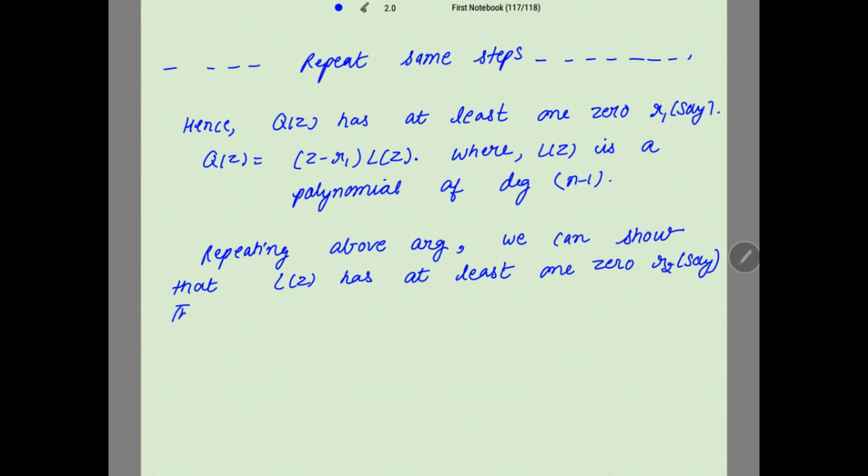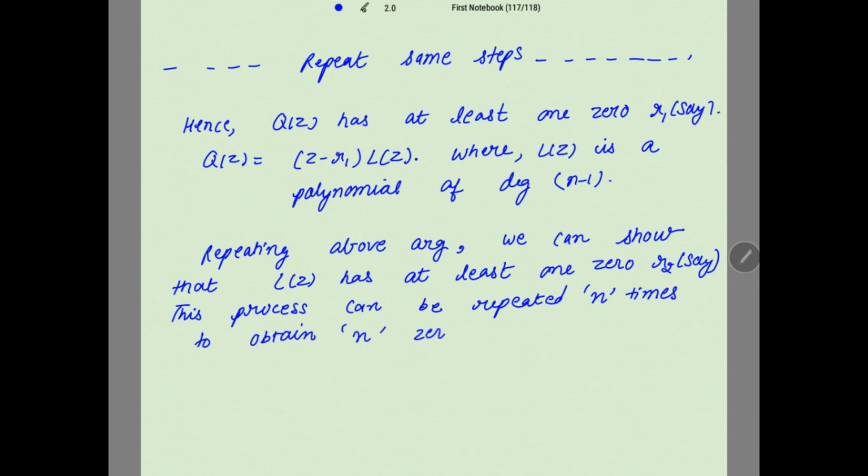So this process can likewise be repeated n times to obtain n zeros of the polynomial Q(z).